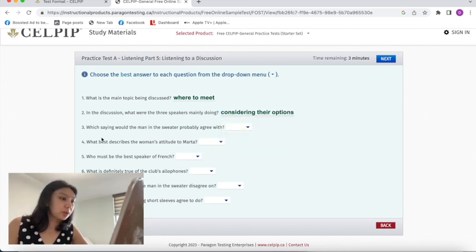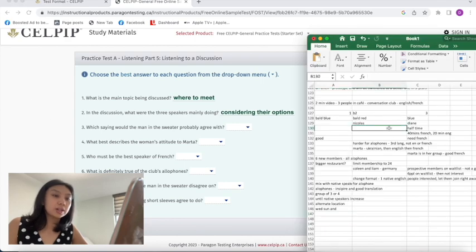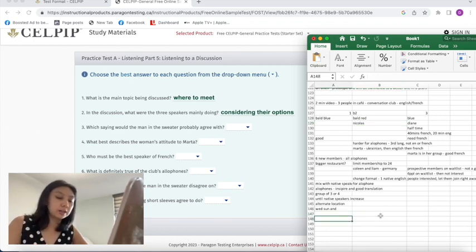Which would the man in the sweater probably agree with? So, man in the sweater, it's very important that we note down what they were wearing. I didn't write it down, but the bald guy in blue was wearing a checkered polo shirt, and this one is the one in the sweater.